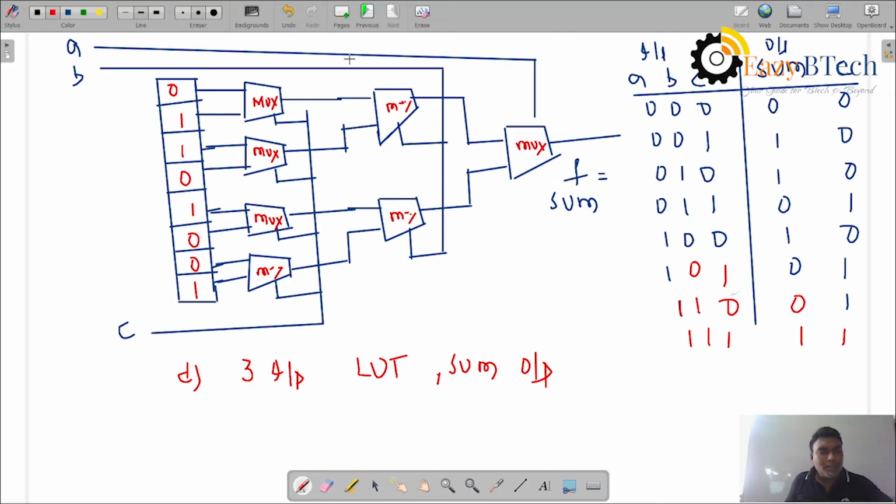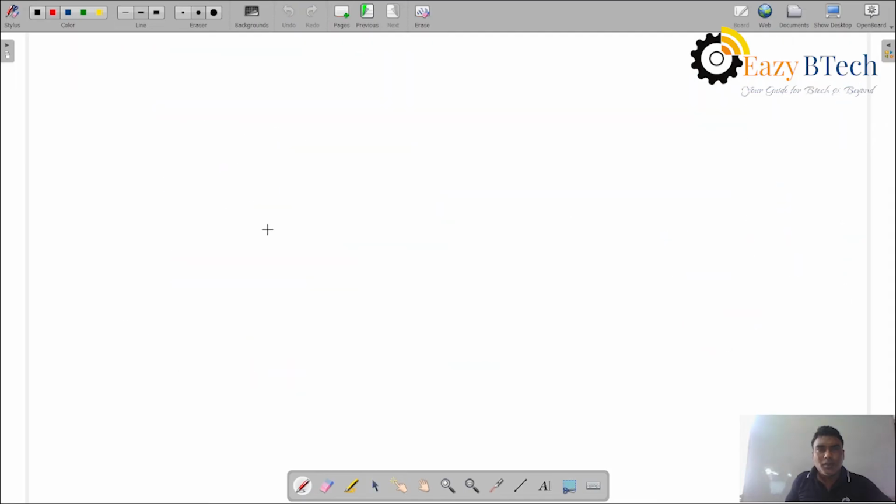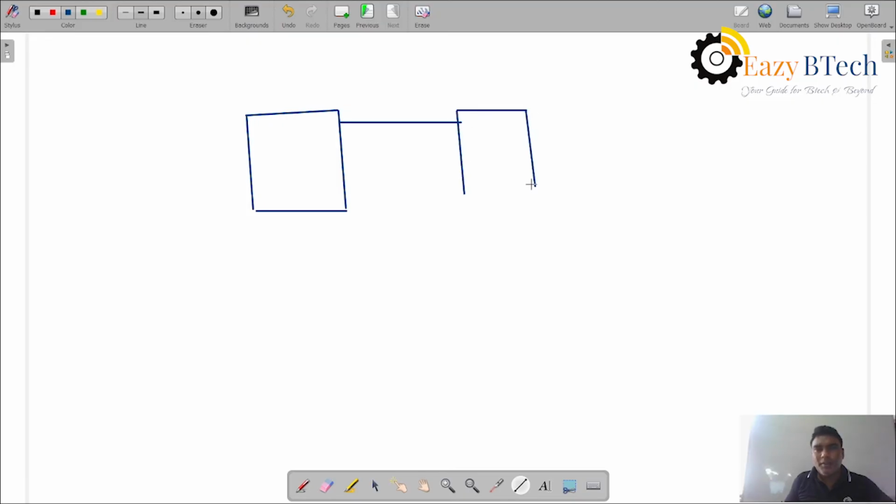Now let us take this one in lookup table and flip flops. Let us take this lookup table. The output of this one is given to the D flip flop, and finally it will be connected to one multiplexer after storing.